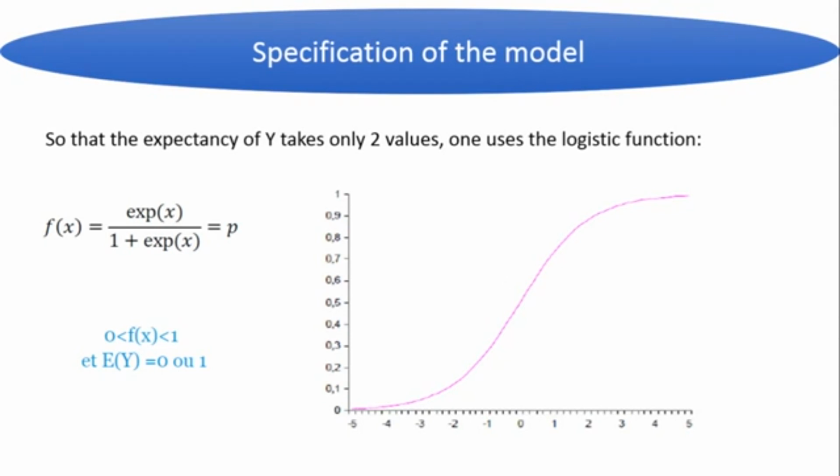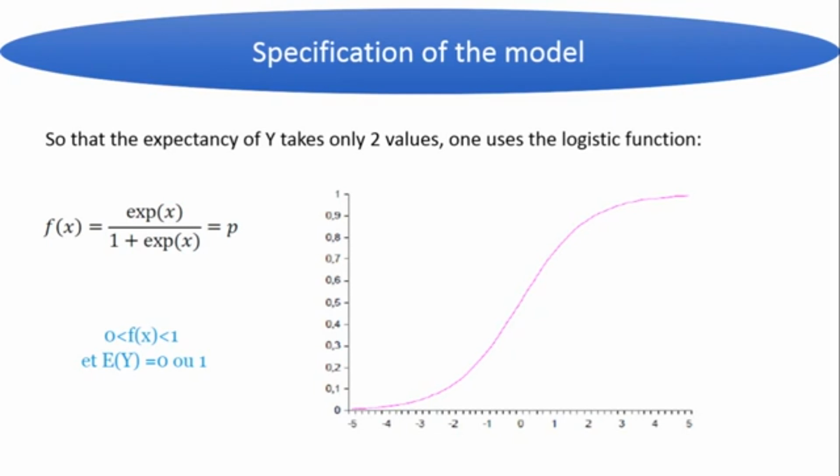So when you look at the expectancy of y, taking only two values, one uses a logistic function. The logistic function is defined by the ratio of the exponential of a number over 1 plus the exponential of a number. That takes the form of a probability, because this function takes its value between 0 and 1, and it's positive.